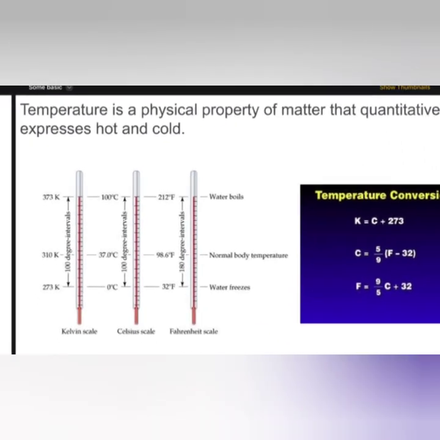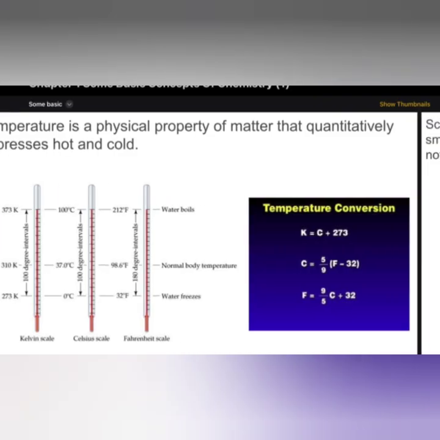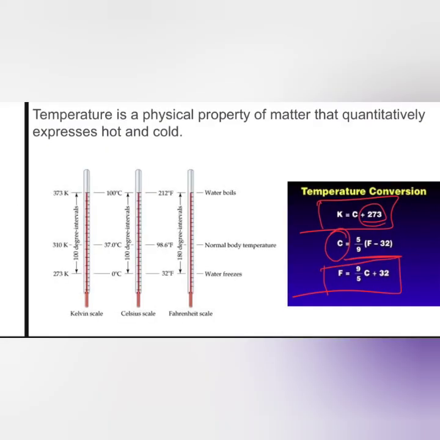Next, temperature is a physical property of matter that quantitatively expresses hot and cold. Temperature tells how hot or cold a substance is.